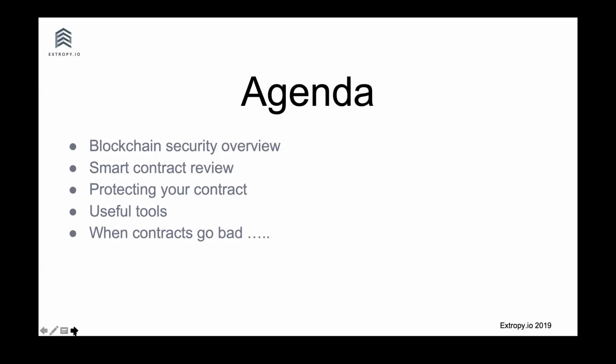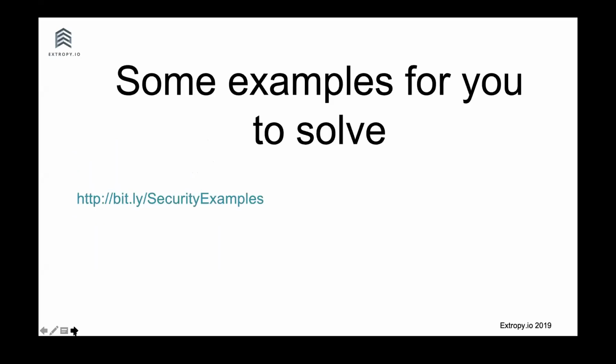And then we'll go through some examples of when contracts have been exploited or vulnerabilities have been exploited, when things have gone wrong, and this has often been quite dramatic, and so we'll go through some of the more famous ones of those.